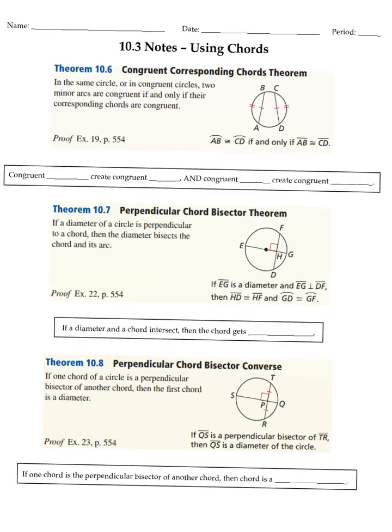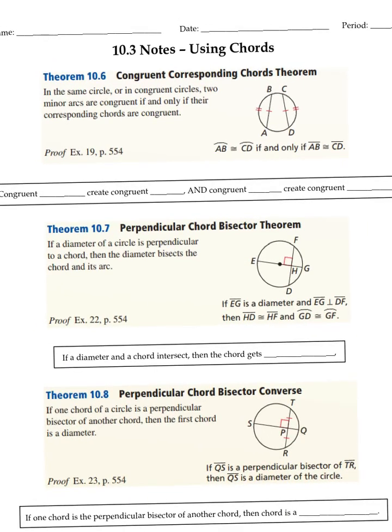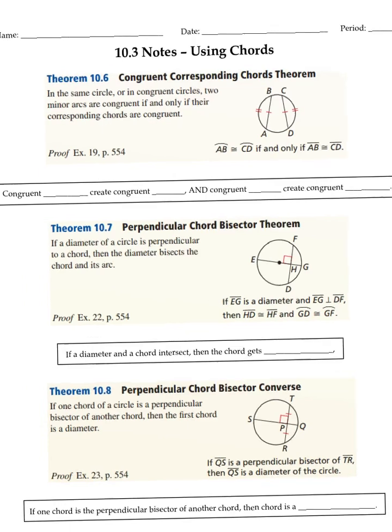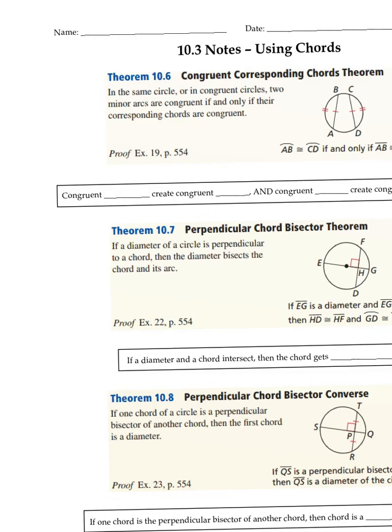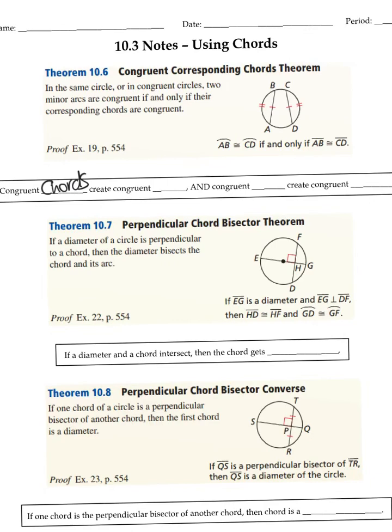So if you look at this diagram here, we can see that chord AB and chord DC are congruent, therefore their corresponding arcs, arc AB and arc DC, are also going to be congruent. In other words, congruent chords create congruent arcs, and congruent arcs create congruent chords.